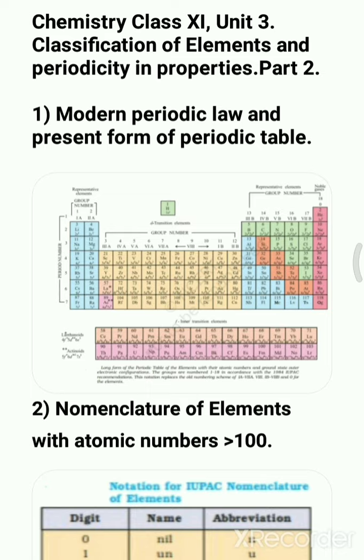In 1913, the English physicist Henry Moseley observed regularities in the characteristic X-ray spectra of the elements.